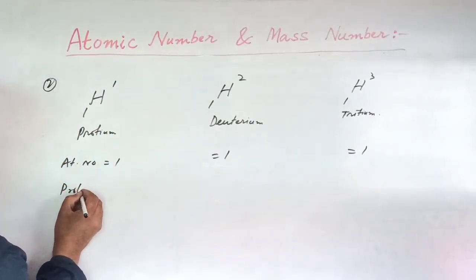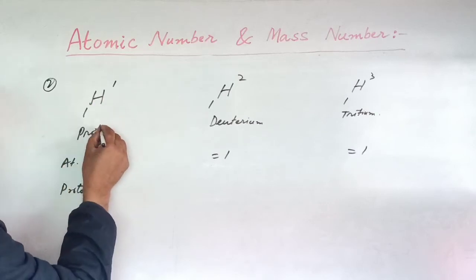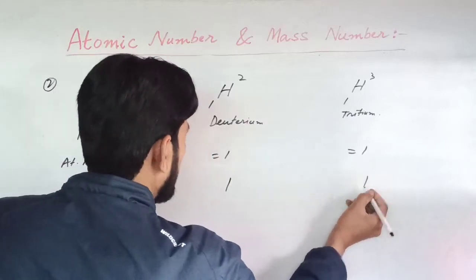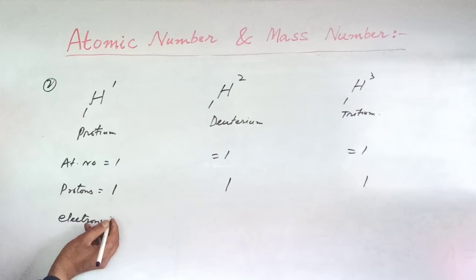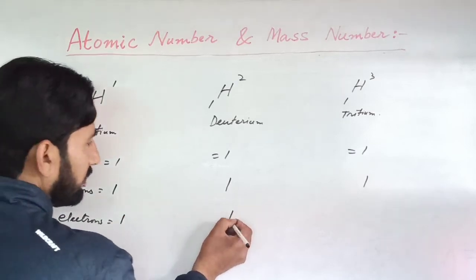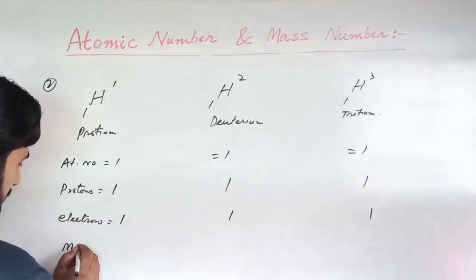Number of protons is equal to the atomic number, 1, 1, 1. Number of electrons: for a neutral atom, the number of protons is always equal to the number of electrons, so it is 1, 1, 1 in this case.